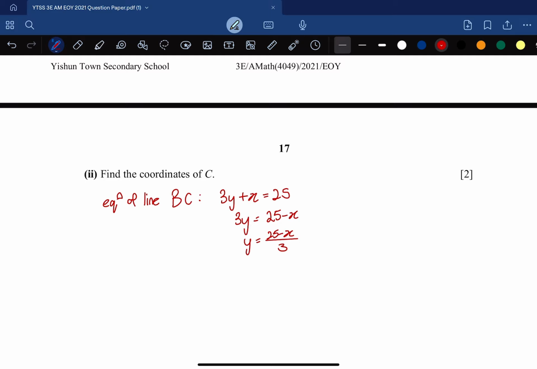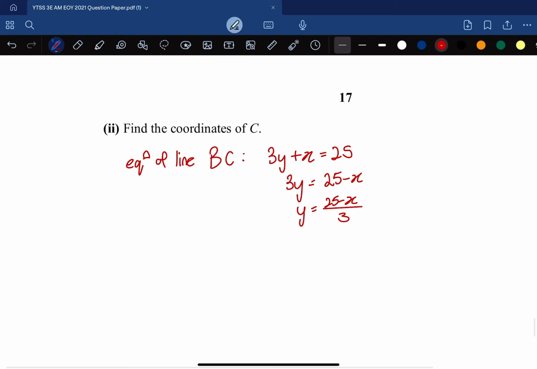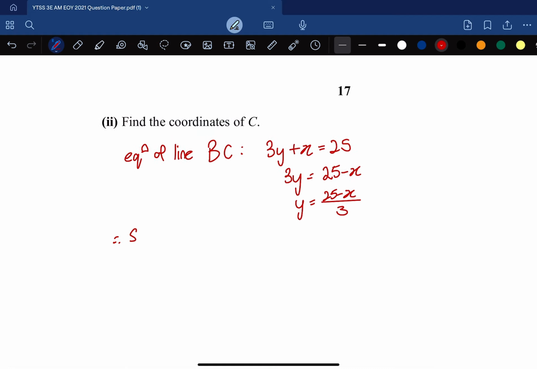Therefore, I have found the equation of line AC as well over here. So therefore, I can equate the equation of line BC to the equation of line AC.